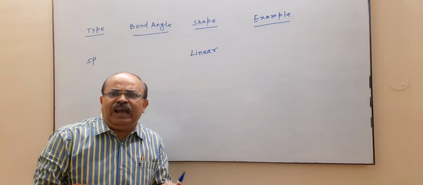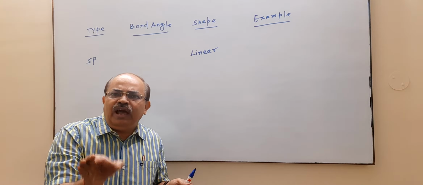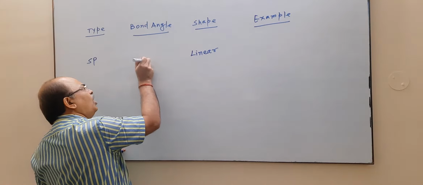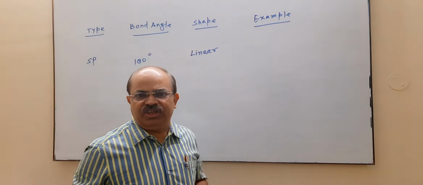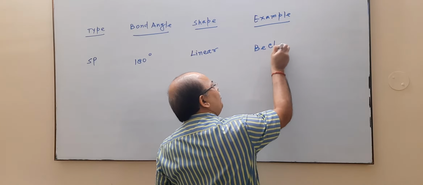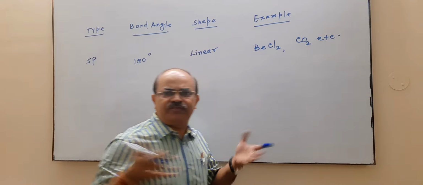If a particular atom in a molecule has sp hybridization, then the molecule has a linear shape with a bond angle equal to 180 degrees. Examples are beryllium chloride, carbon dioxide, etc.